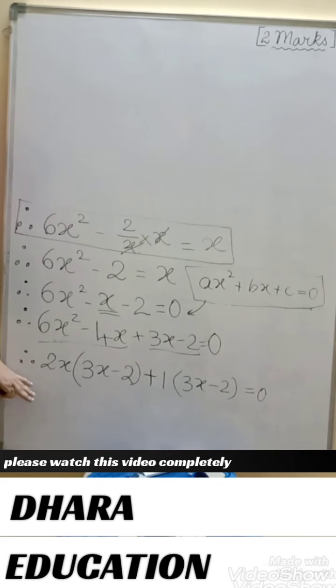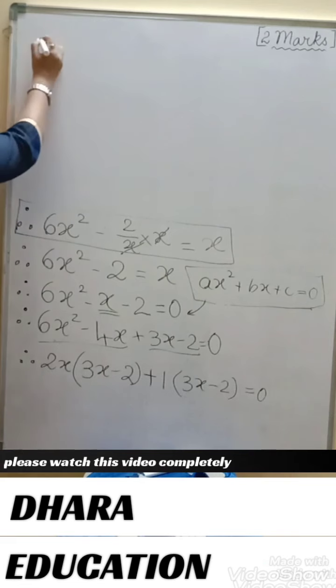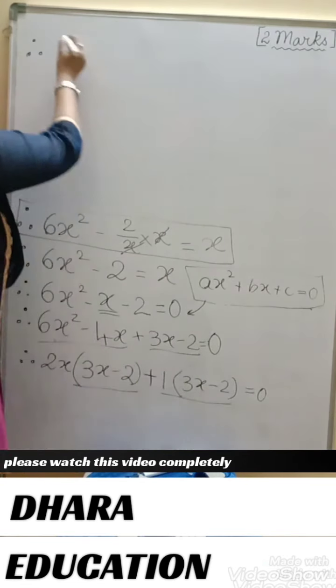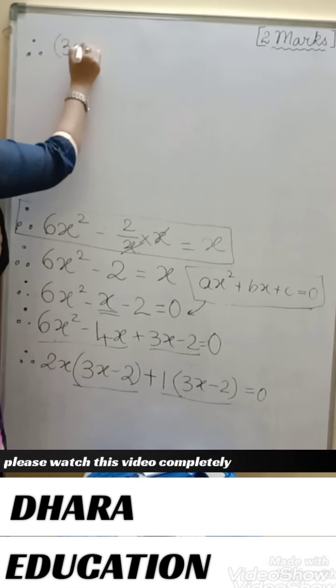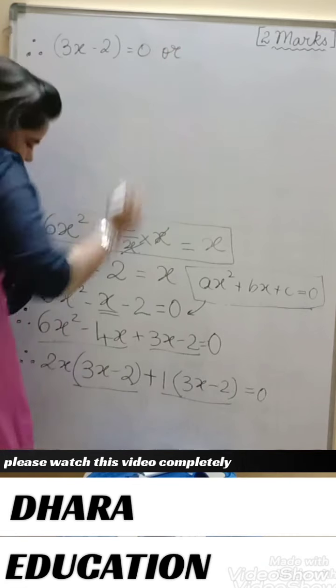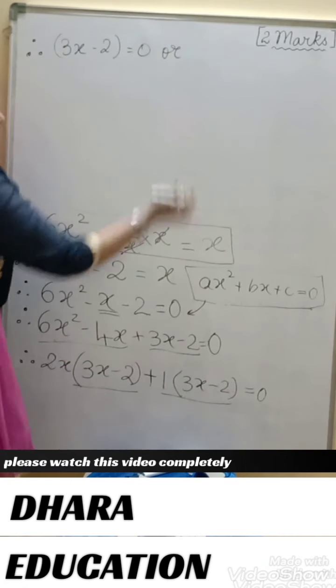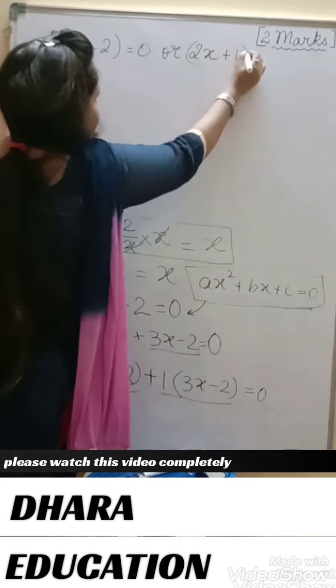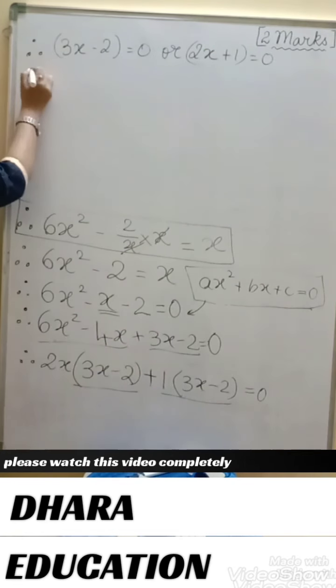As I don't have the space over here, I am continuing over here. So the common factor: 3x minus 2 is equal to 0, or 2x plus 1, which means 2x plus 1 is equal to 0.